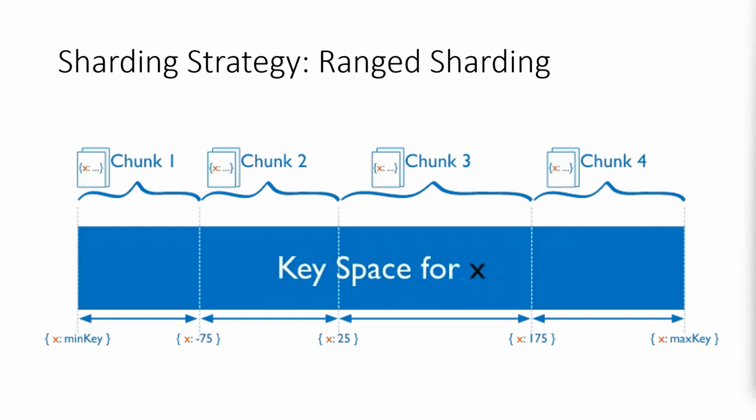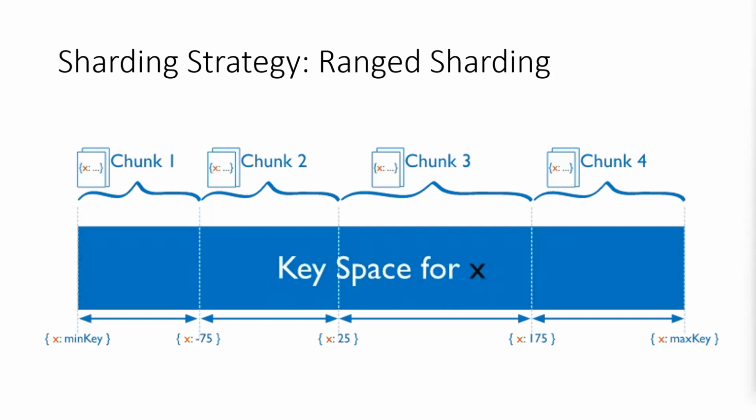The second one that we are going to discuss is called hash. Hash sharding means we have to compute some hash function to find out what the key value is.